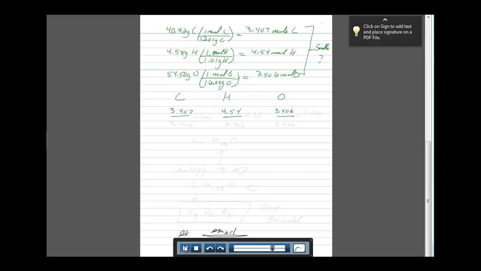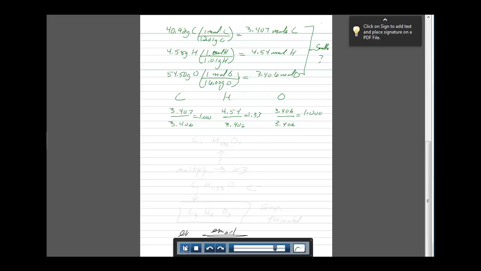And I'm going to divide them all by the smallest, which happens to be 3.406. And when I do that, for this one, this gives us 1.000. This one gives us 1.33, 3 significant figures. This one to 4 significant figures is 1.000.